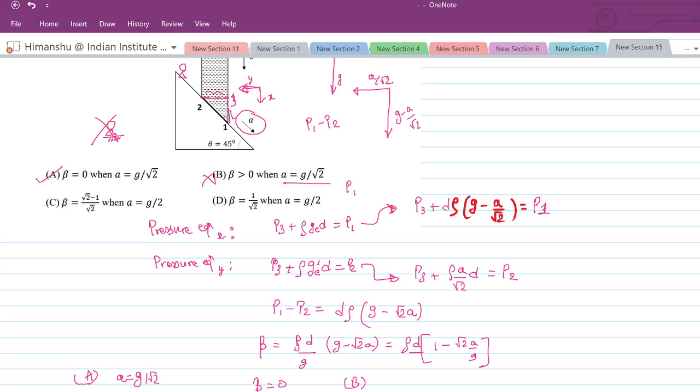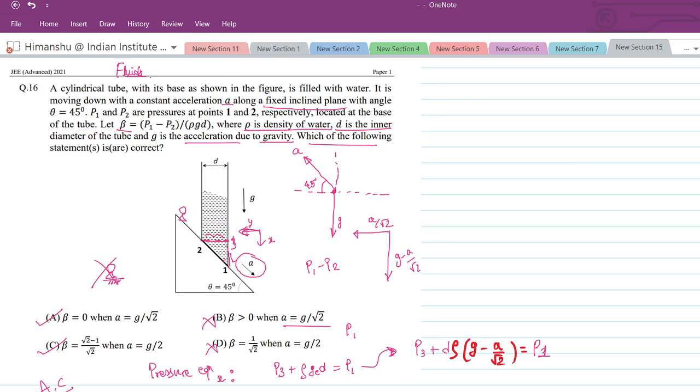There would be rho d d, because beta is dimensionless, so it would be the same. So this option is also correct. So the correct options for this question would be A and C.